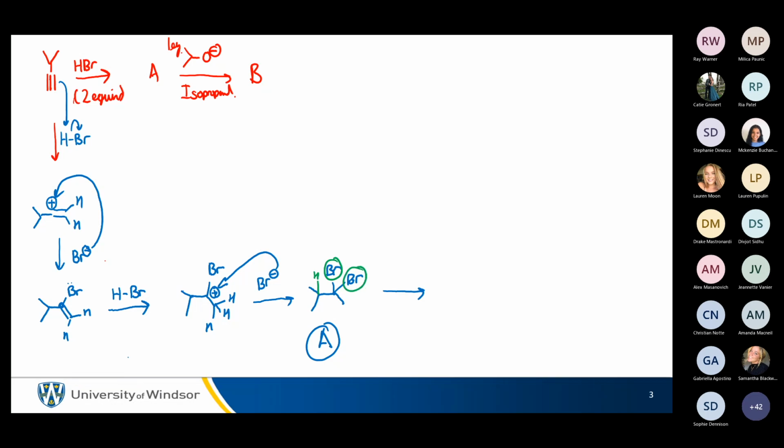And there's a hydrogen on a more substituted carbon next to that. And so I would expect my base to deprotonate to give me that. Now I can't do a second deprotonation because there's no other proton on that site.